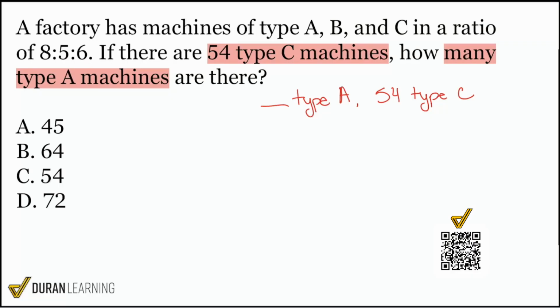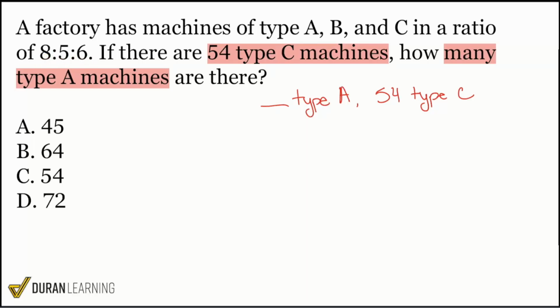Now remember, everybody, to make a proper proportion, you need two comparisons between the same two things. In this case, A and C is the comparison that we want. Because of that, everybody, which of these numbers are we going to exclude or not include? Which of these numbers are we going to not care about?